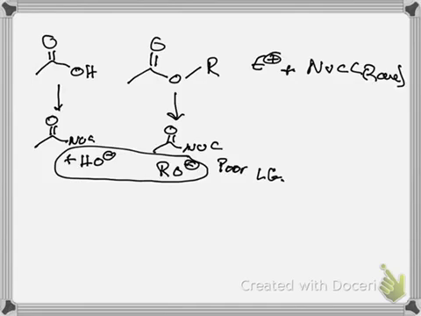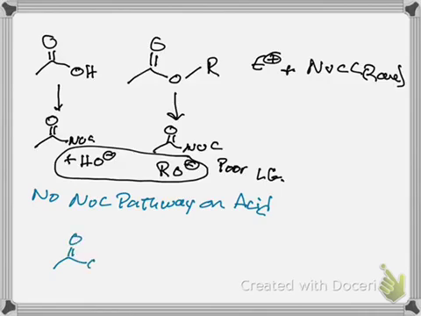All right, here's another reason, especially with the acid, that you don't want to use a nucleophilic pathway. Because you introduce a strong nucleophile, let's say this alkoxide, to the acid, instead of doing a nucleophilic attack, it's going to snag that proton off the acid first.